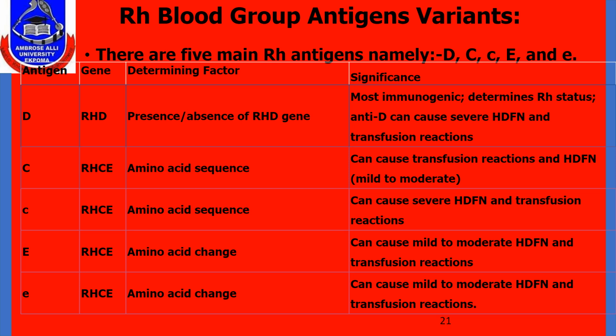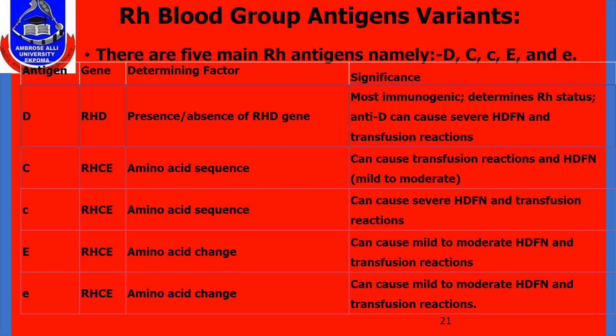The slide here presented shows the type of antigens, that is the capital C, small letter c, capital E, and small letter e. Then the genes that are responsible for this type of antigens, the RHD, Rhesus factor D, Rhesus factor C and E for either capital C or small letter c.